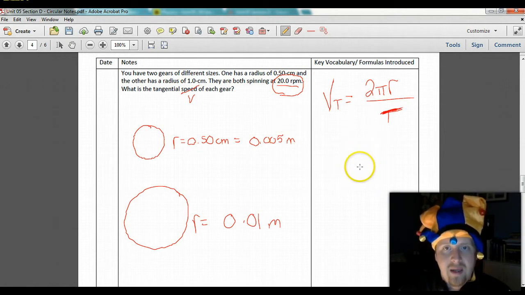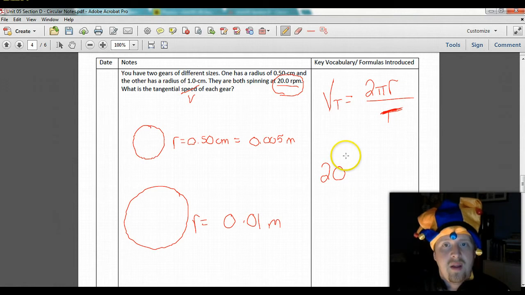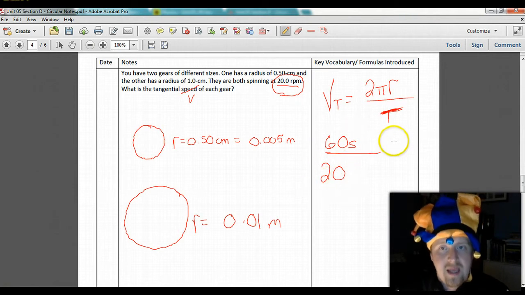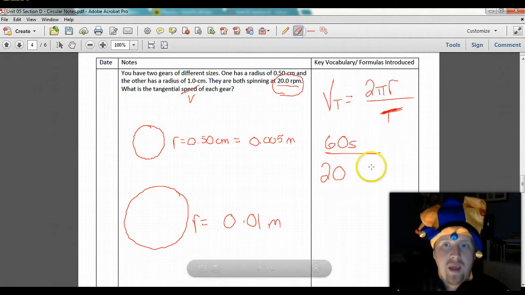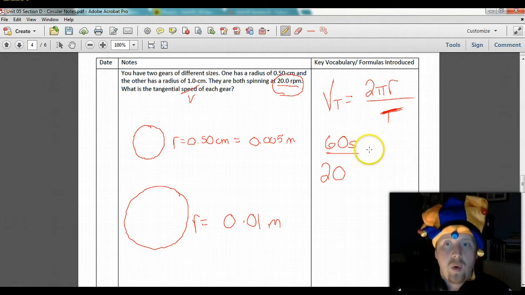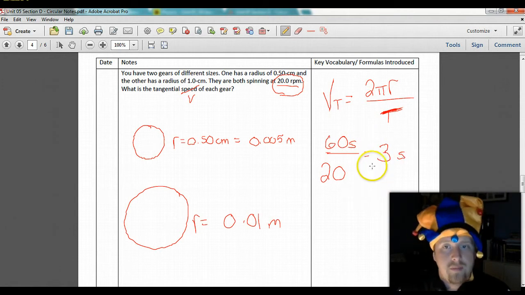Well, you have 20 revolutions per minute, and there are 60 seconds in a minute. So if you take 60 seconds and divide it by 20 revolutions, what you end up with is a period, or a time, of 3 seconds per rotation.